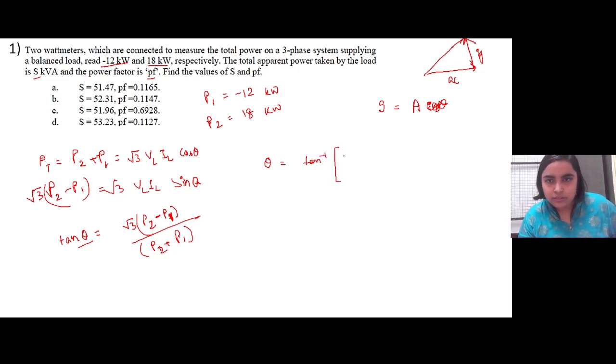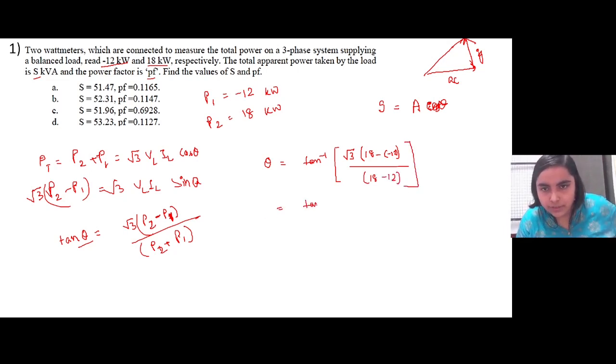So here P2 is 18, right? Let's just take the calculator. P2 here is 18 and P1 is minus 12, so minus of minus 12, which is 18 plus 12, that is 30. And 6.